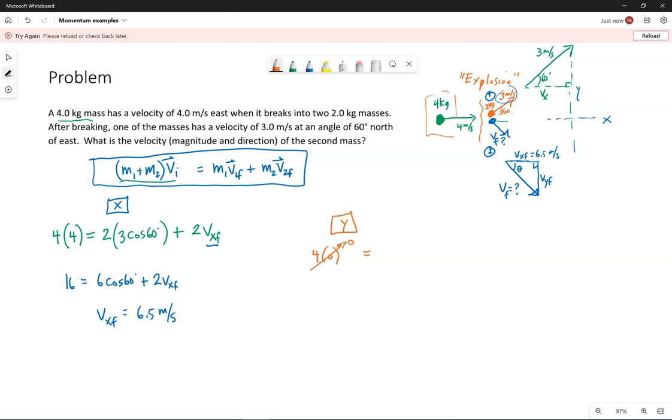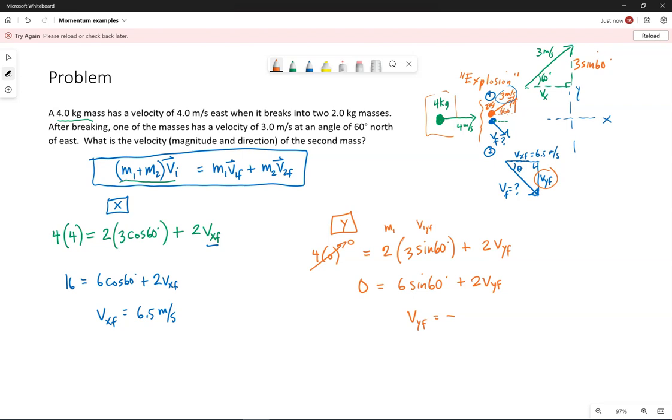That means the final momentum mass 1 has, because of its upward motion, so the mass times this 3 sine 60, this is m1 v1y final, that upward momentum is going to be balanced out by the downward momentum. Now I'm just writing this as Vy final. When I solve, I'm going to get my negative answer.